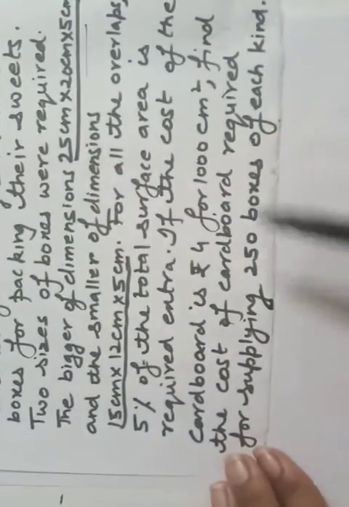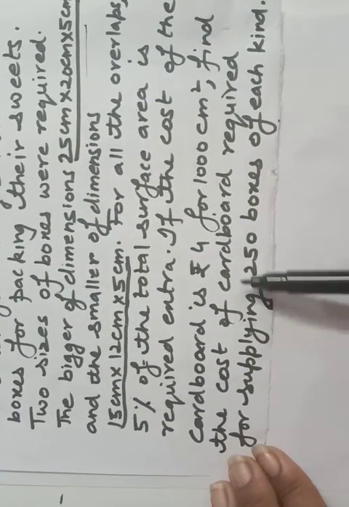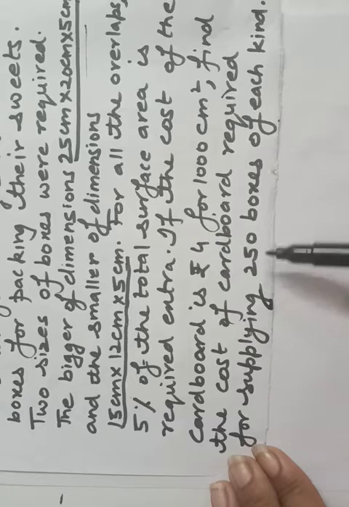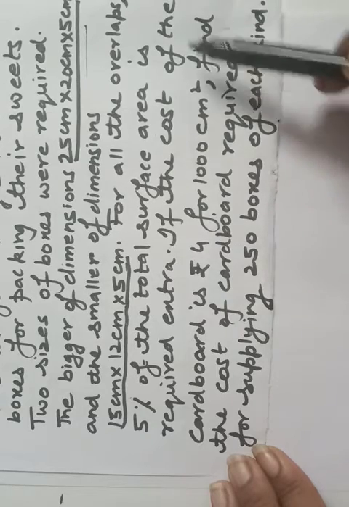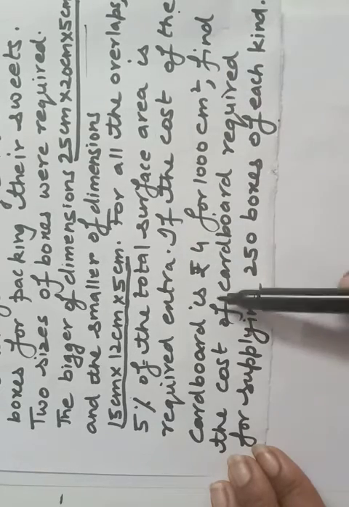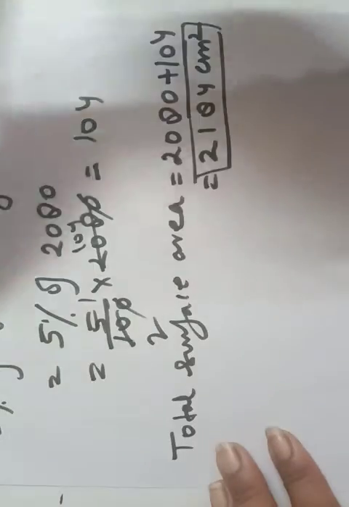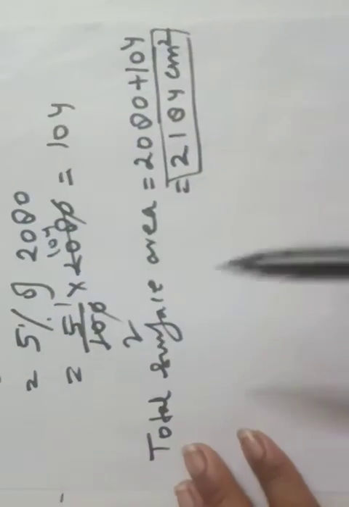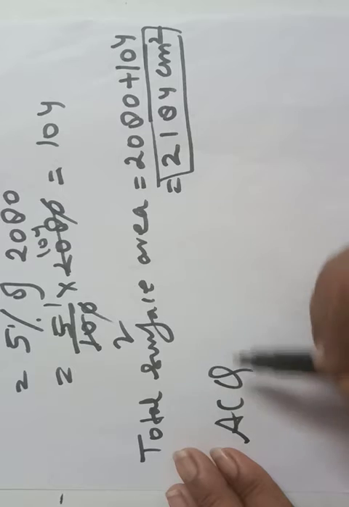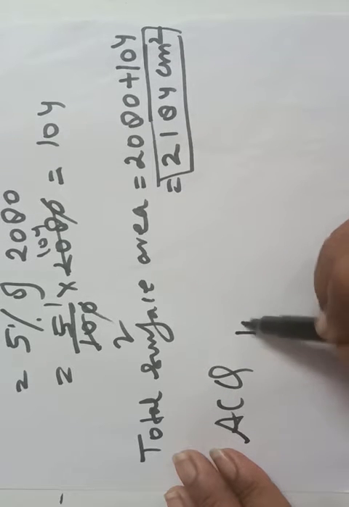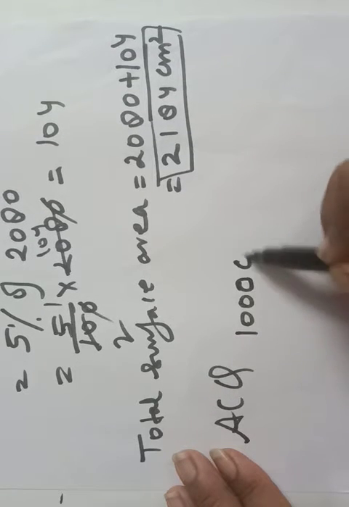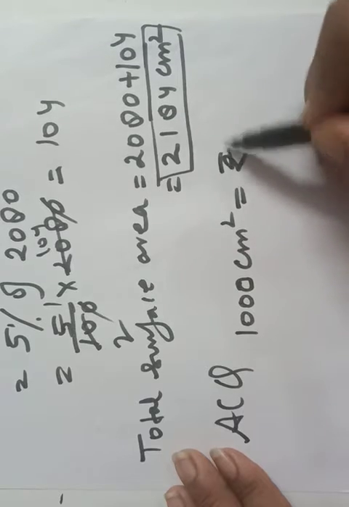Now the question is, find the cost of the cardboard required for supplying 250 boxes, and the condition they have given is that the cost of the cardboard is rupees 4 for 1000 centimeter square. So according to the question, 1000 centimeter square is equal to rupees 4.